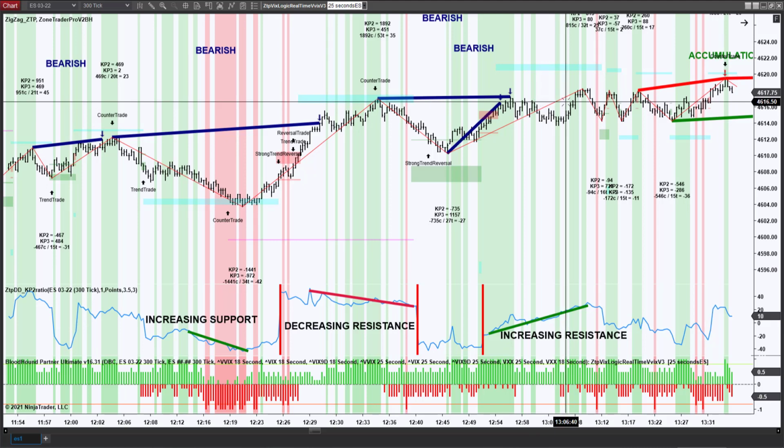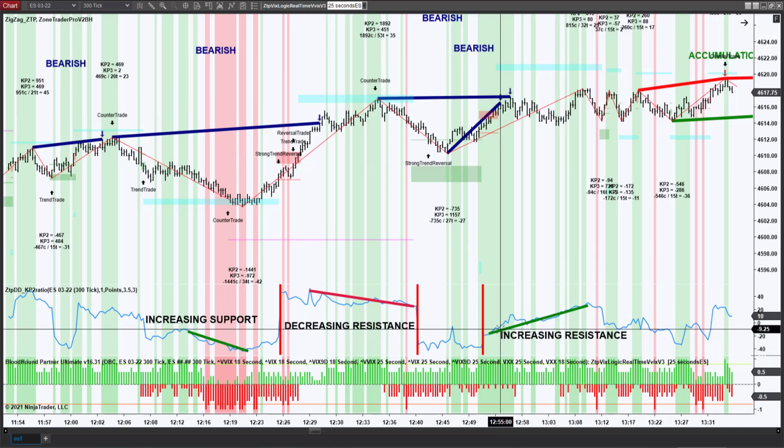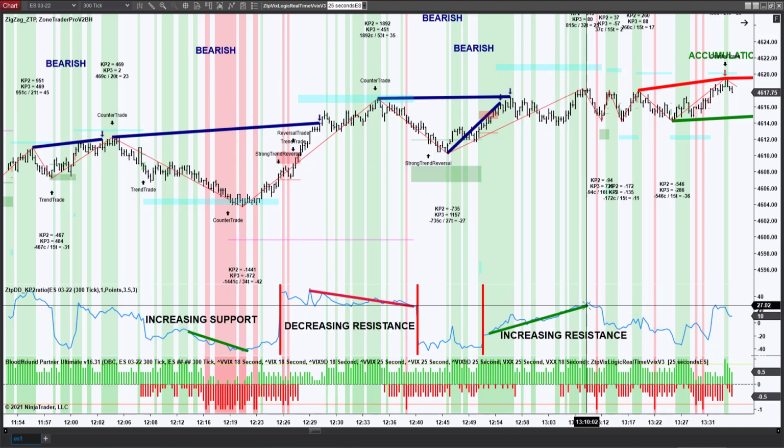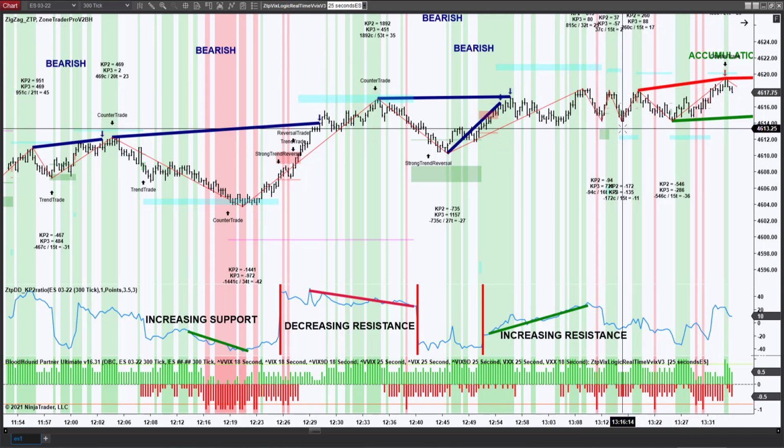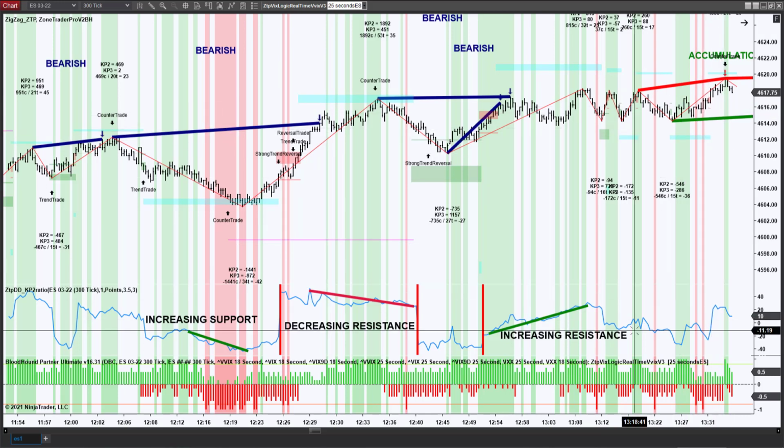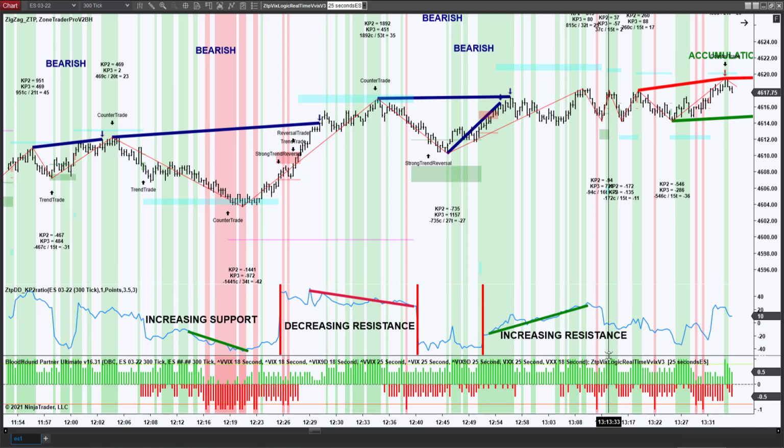and then started trading sideways, what we could see here is increasing resistance, and the market barely made it higher. Now, this was going into the 2 o'clock Fed decision on Wednesday, but the point is that we can still read what the market participants are thinking with the KP2 ratio and let that guide our decisions rather than only thinking about just two things.